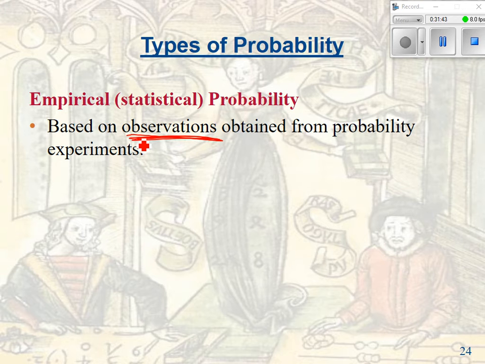So this would be like when we did the M&Ms. When we said, okay, we buy another bag of M&Ms, we're probably going to get more red M&Ms than anything else. That's using empirical probability. We're basing that off of what we see.